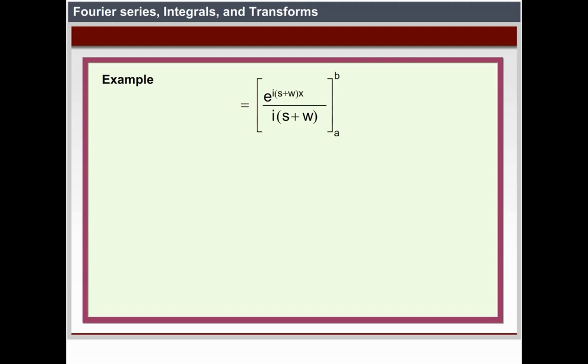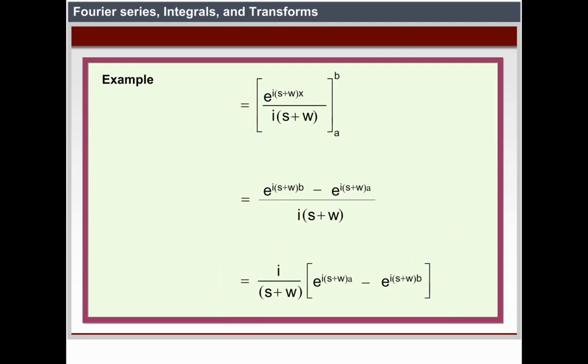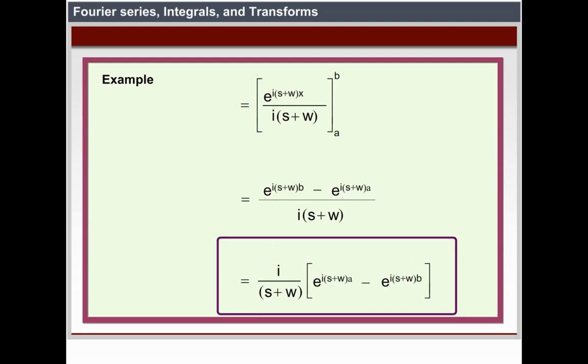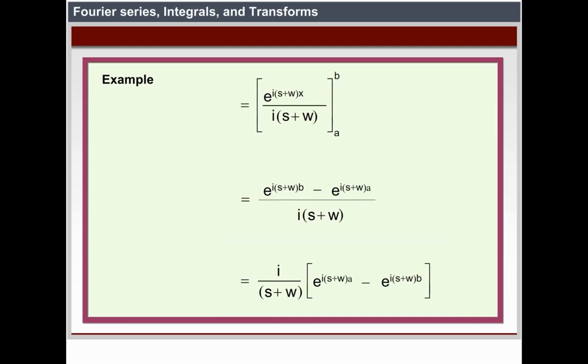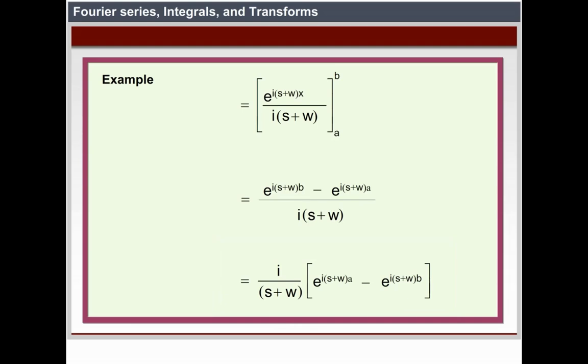After applying the limits, we get e power i of s plus w into b minus e power i of s plus w into a divided by i of s plus w, which equals i divided by s plus w into e power i of s plus w into a minus e power i of s plus w into b.